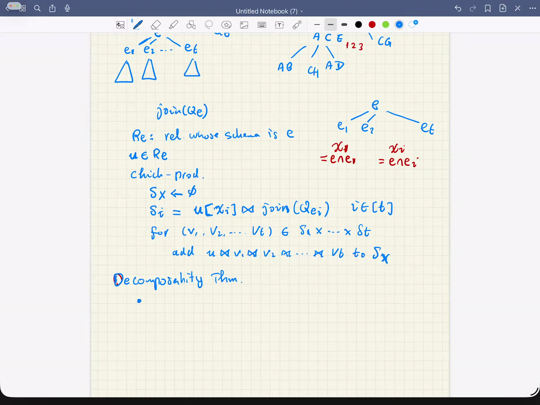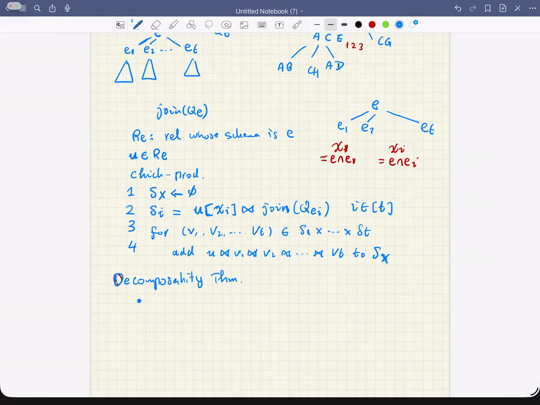First, if you look at this line here, let's give them some numbers: 1, 2, 3, 4. Line 4. There is a possibility that this could be empty. You see what I'm saying? Because if, let's say, U is 1, 2, 3, and V1 has a different value on A, then this join result will be empty, and you will be adding nothing to this Cartesian product.